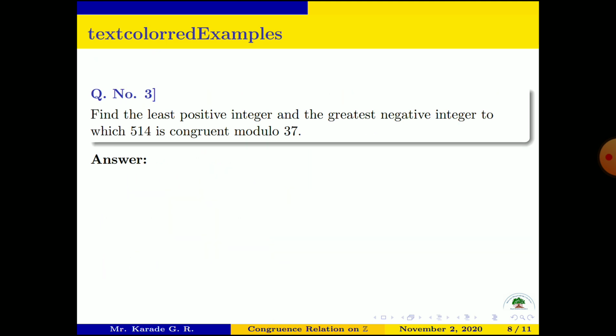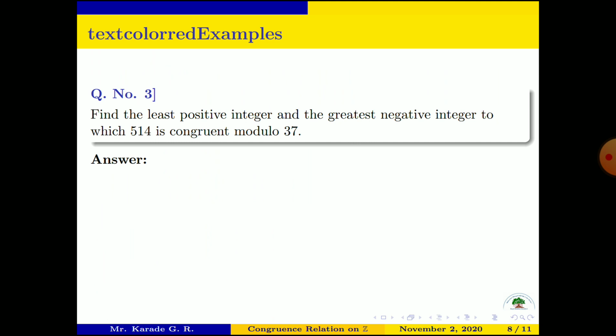And let us take question number 3. Find the least positive integer and the greatest negative integer to which 514 is congruent modulo 37. So to solve this problem we will use the division algorithm.